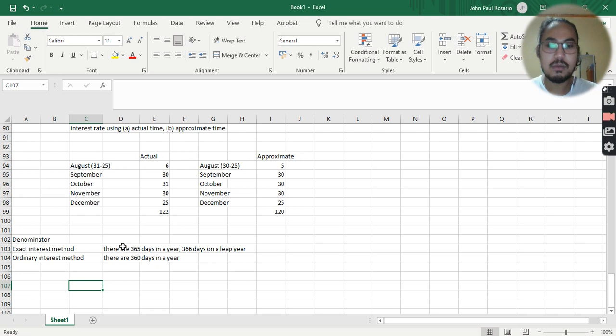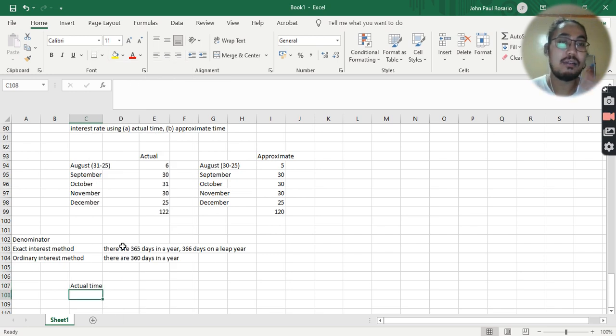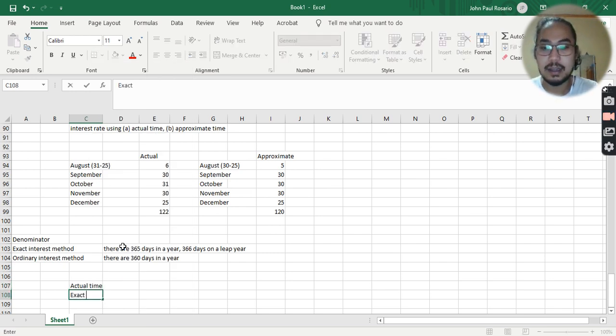So, first one is the mirror images. For instance, actual time, its denominator is its mirror, the exact interest method.